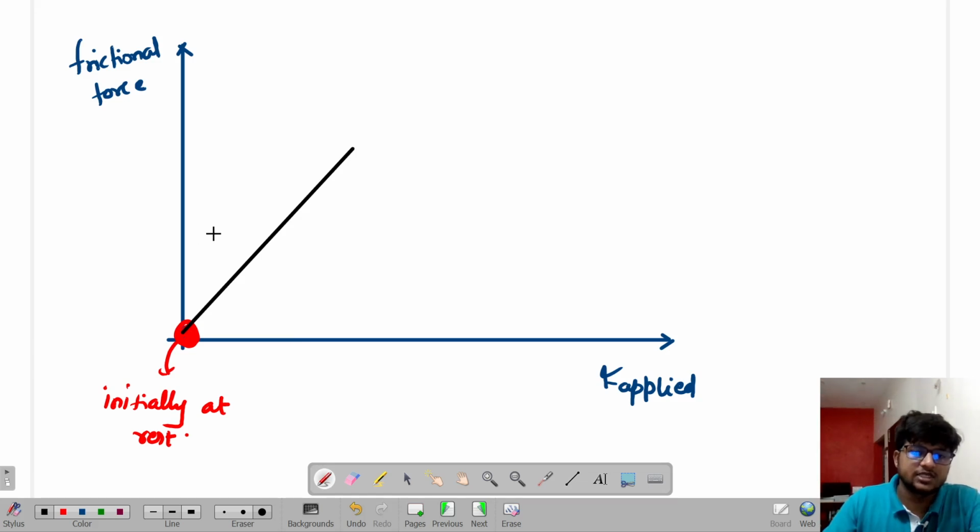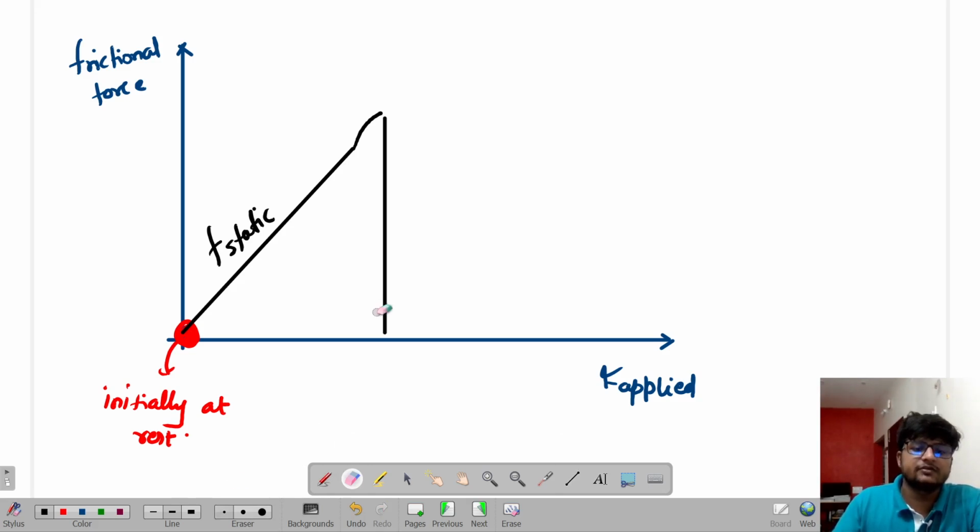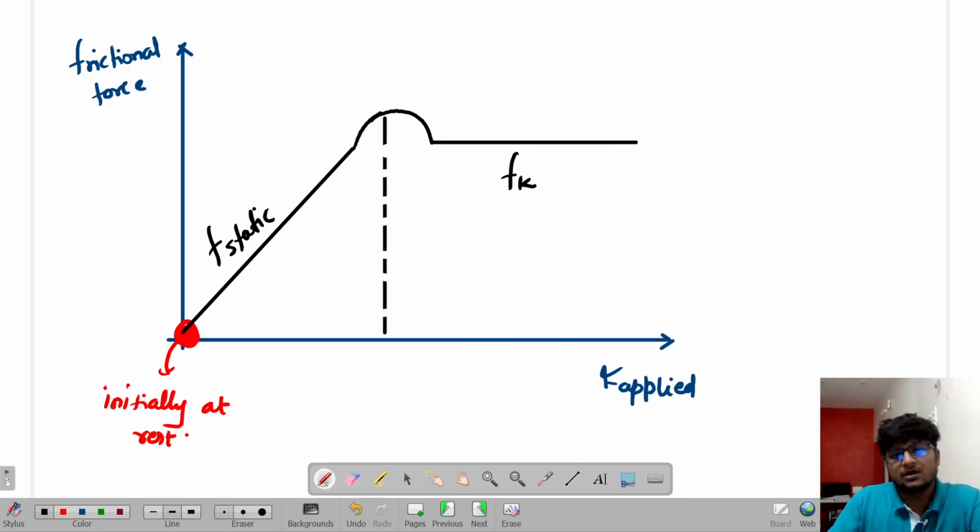The friction will try to self-adjust, and we call that range static friction. Then this friction will grow to its maximum value, where it will suffer deformation. Why? Because the applied F is still increasing. So this maximum value will suddenly break and the body will start moving, and after that it attains a kinetic friction which is just dependent on weight.